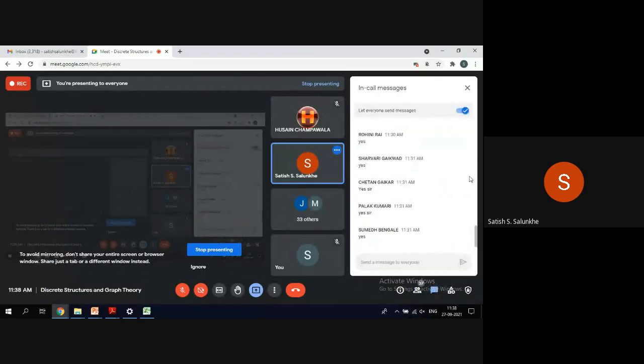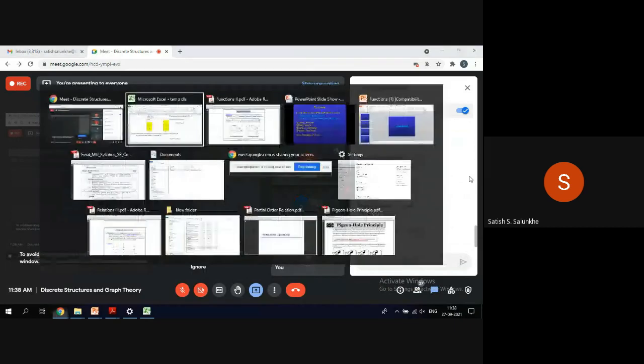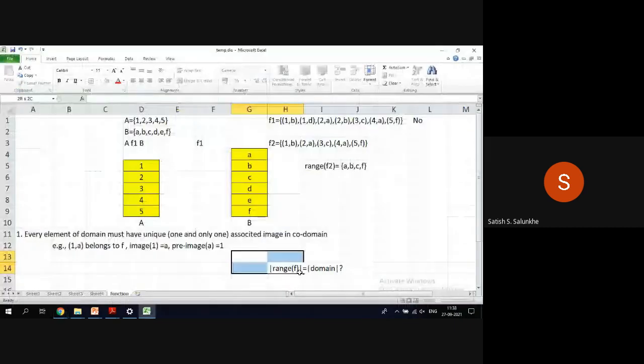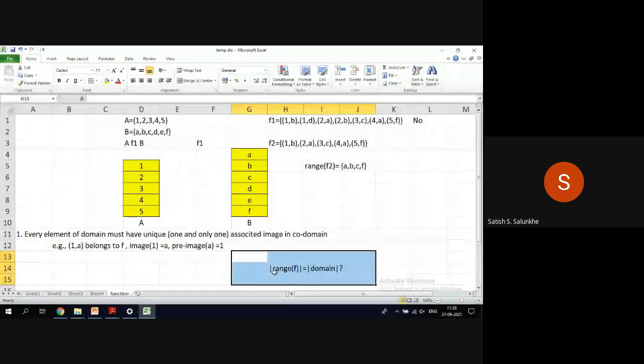So what is the answer? Kindly respond, everyone. I am asking a question. Is the cardinality of range of any function f equal to the cardinality of domain? Now domain is nothing but this, set A in this case.